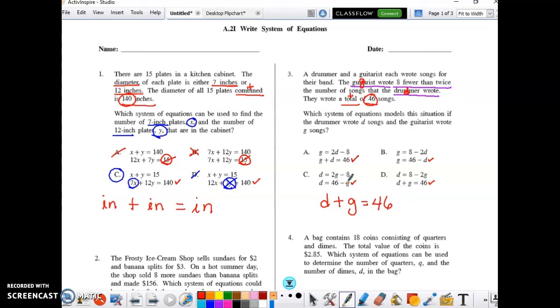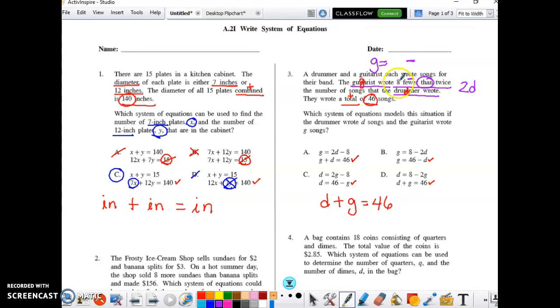Now, the one that's a little bit harder is this other one. It says the guitarist wrote. So I know it's going to be G equals, because this is how much the guitarist wrote. 8 fewer. Fewer means subtract. So I know they're going to be subtracting. Twice the number of songs that the drummer wrote. So that's twice the drummer. But there's a key word in here that's going to flip everything around, and that key word is than.